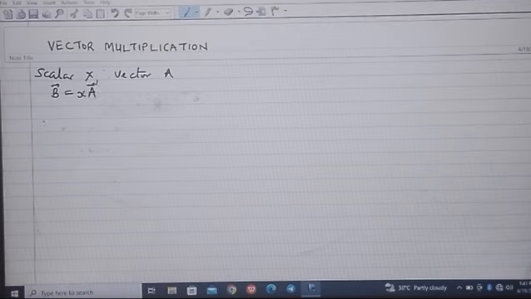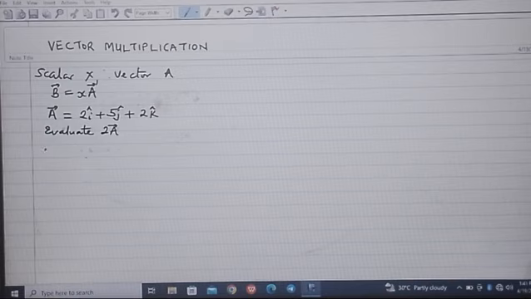So assuming the vector a is equal to 2i plus 5j plus 2k. This is a vector. If I am asked to evaluate 2a, 2 is a scalar, so it implies I'm going to use 2 to multiply the vector a.